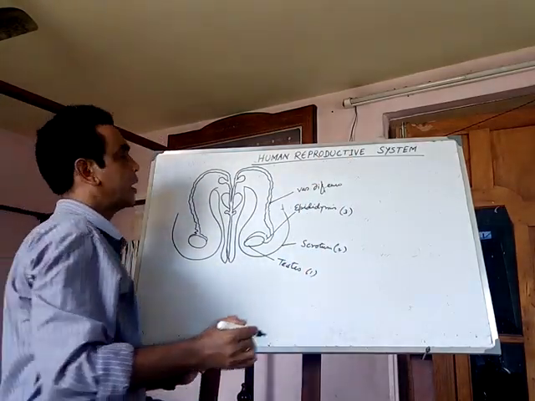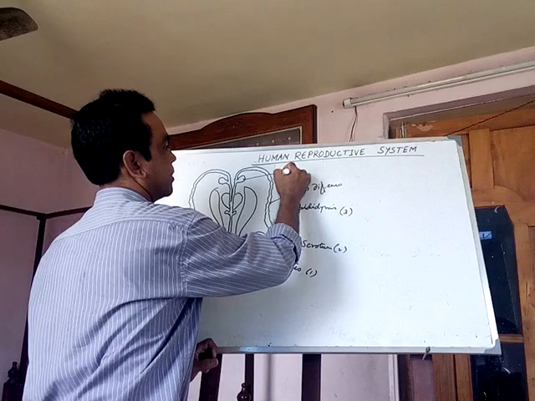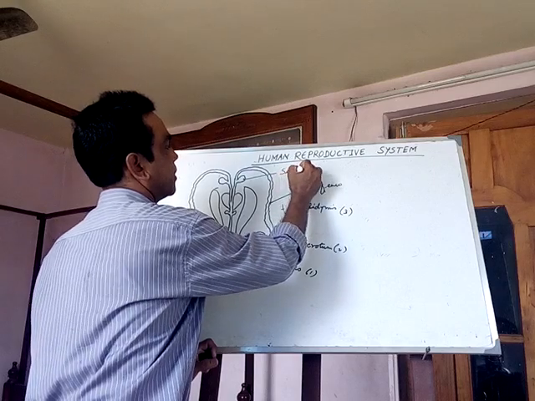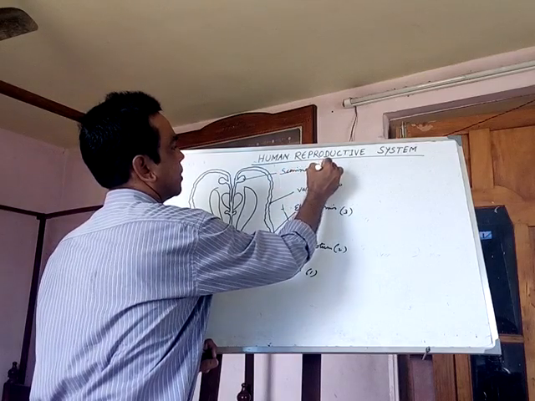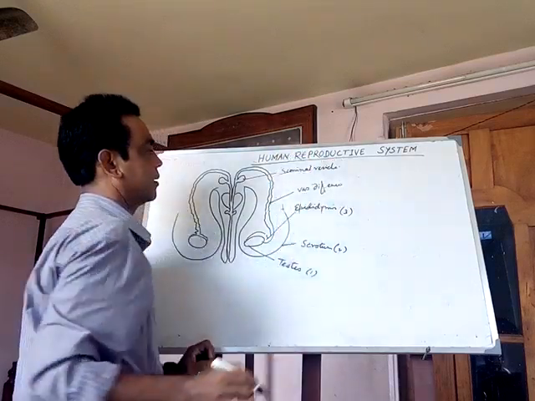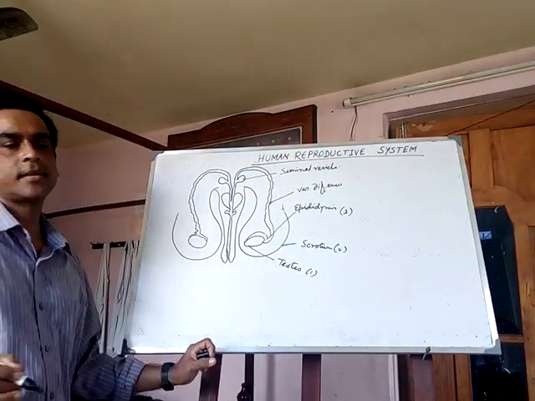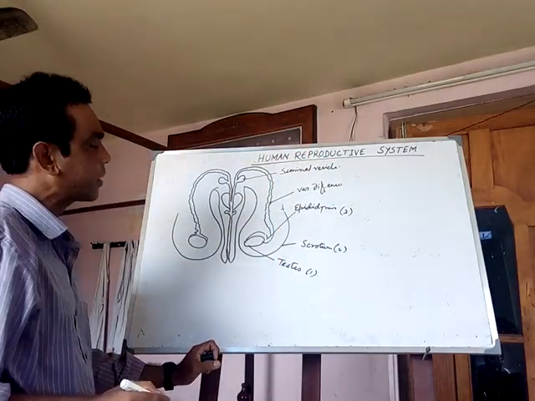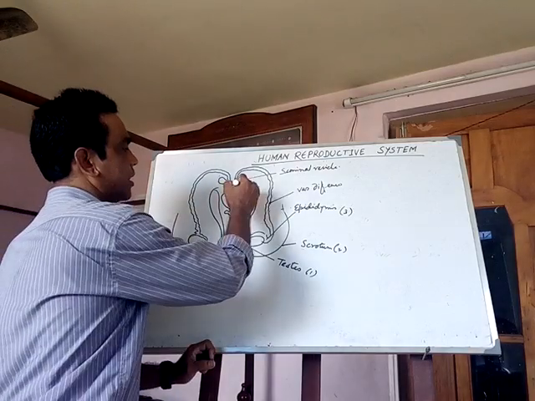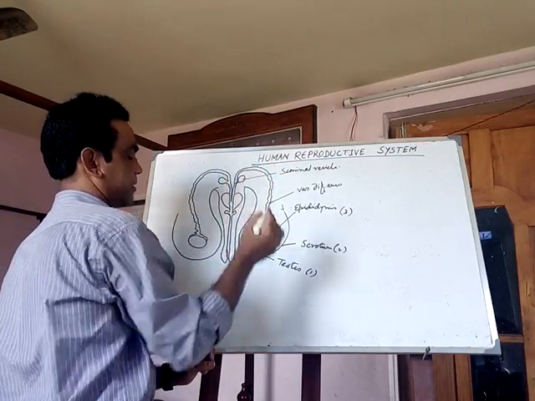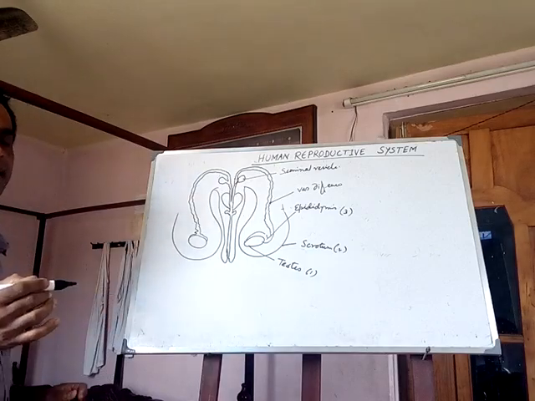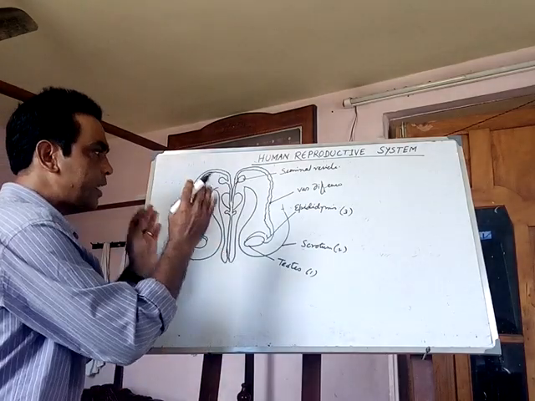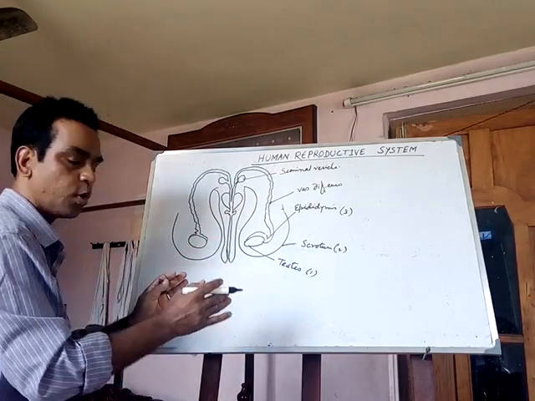Fifth, the seminal vesicle. Sixth, the ejaculatory duct. The elaborate part of this picture I represent here.